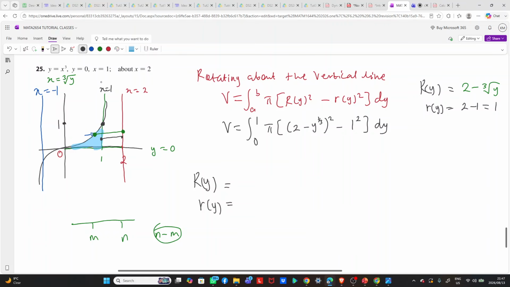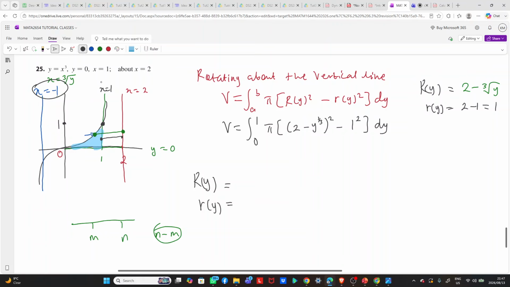What do you think will be the thing? Big R of y will be which one, if we are revolving about this line? Sorry, what was the question?